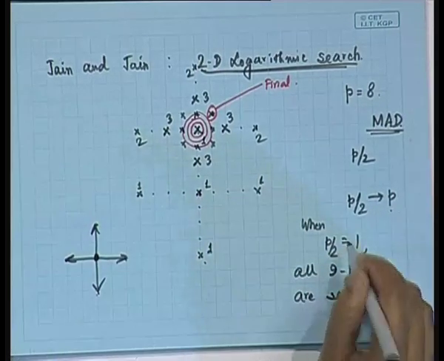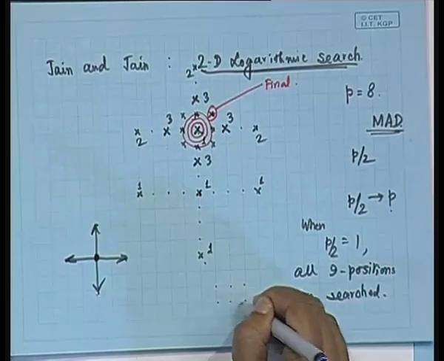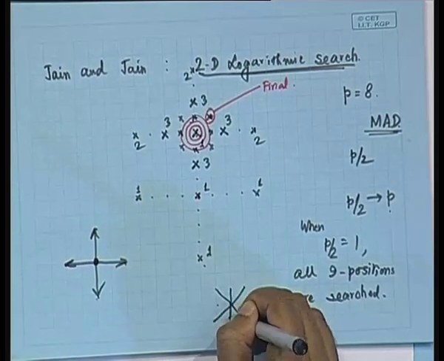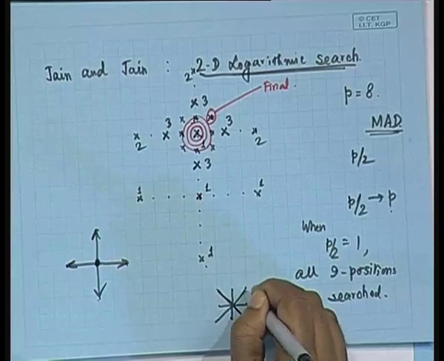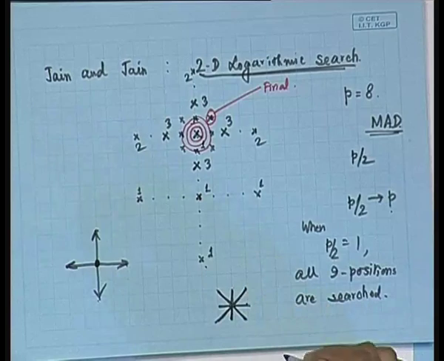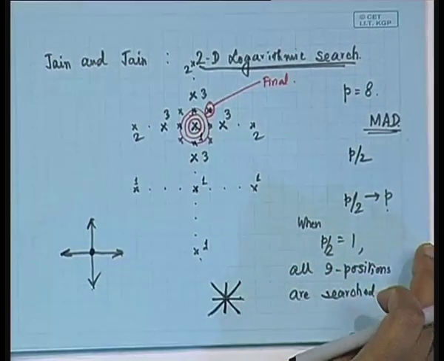Only at the last step we are searching all the 9 neighbors. There we are not only searching the plus neighbors, but also the cross neighbors, all are searched, only in the last step.